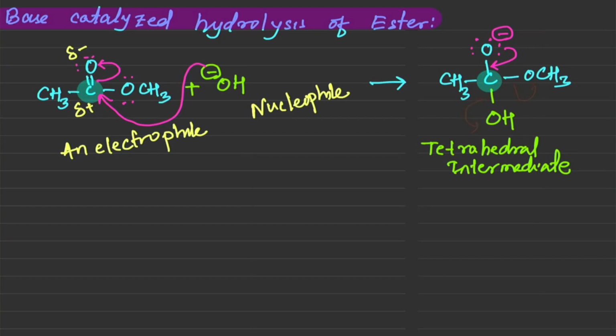Let's say this molecule goes out. That's basically going backward, right? So the first step of the reaction is going to be in equilibrium, because the OH could technically fall off and you basically revert back to the original.